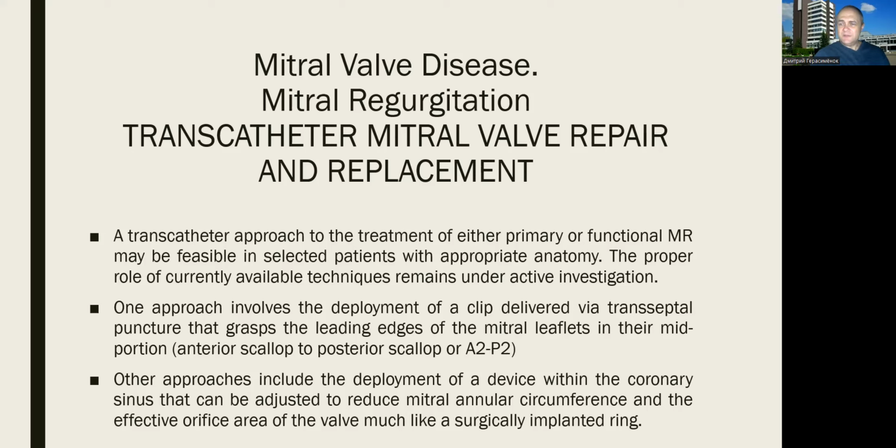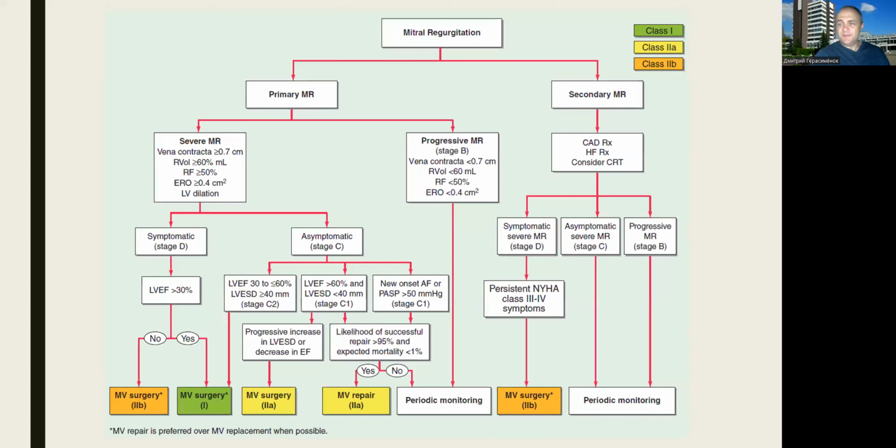One approach involves the deployment of a clip delivered via transseptal puncture that grasps the leading edge of the mitral leaflets in their mid portion. Other approaches include the deployment of a device within a coronary sinus that can be adjusted to reduce the mitral annulus circumference and the effective orifice area of the valve, much like a surgically implanted ring.